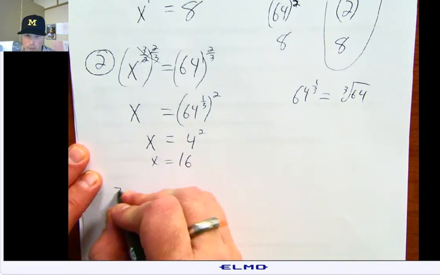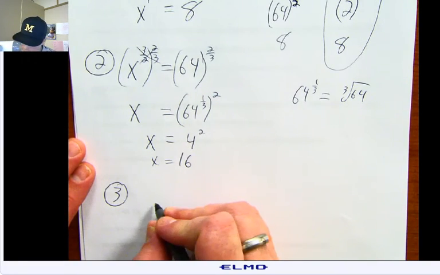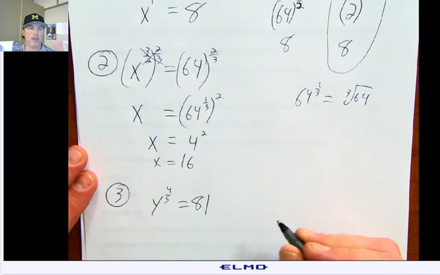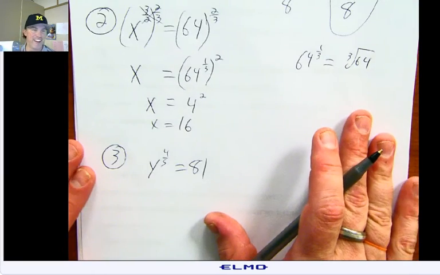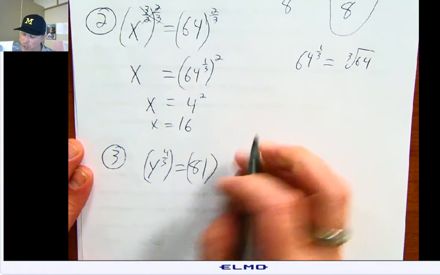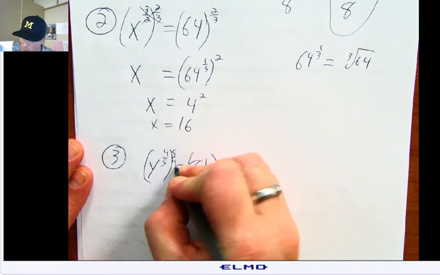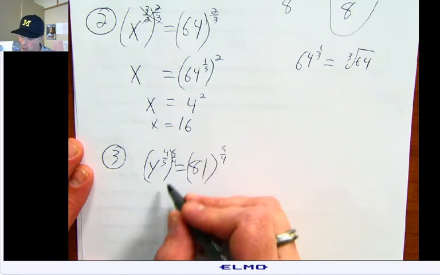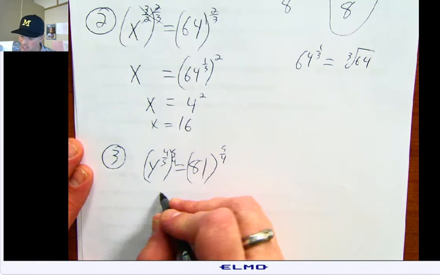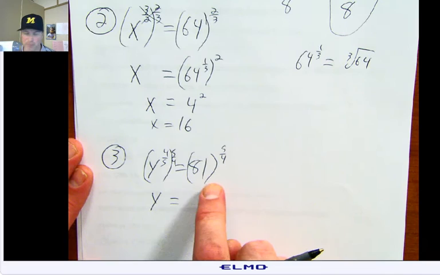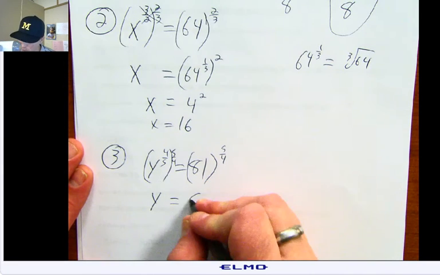Last non-calculator example today. Let's say I had x to the 4/5 equals 81. Ooh, Elliot's voice. All right. The reciprocal of 4/5 is 5/4, so I'm going to raise both sides to the power of 5/4. The 4s and 5s cancel out, and I'm left with x by itself. Over here, I'm going to do the fractional exponent first.